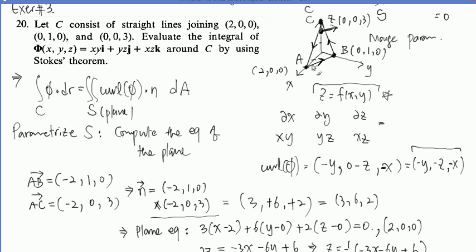If you do the right hand rule, this is the first vector, and this is the second vector. Your thumb is still pointing out this way. So this is the correct orientation that coincides with this one. Here's vector AB, here's vector AC, the first vector and second vector.